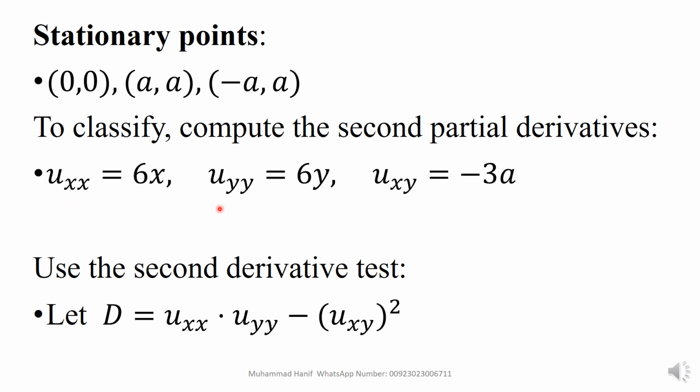Partial u upon partial y, then again partial u upon partial y. Same process, first partial u upon partial x and second time partial u upon partial y. Use the second derivative test. Let D equal to uxx multiplied by uyy minus uxy power 2.